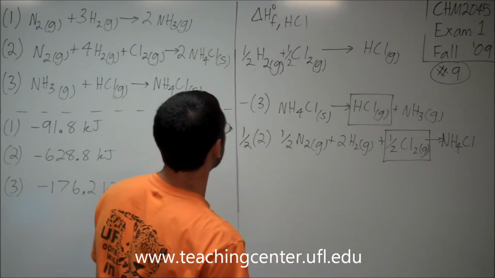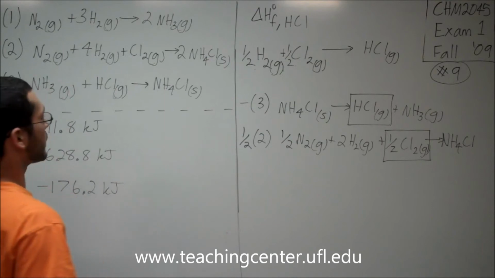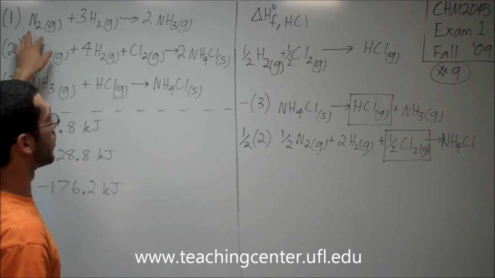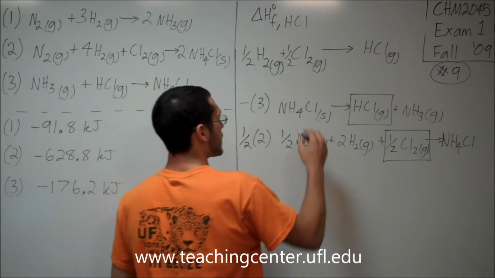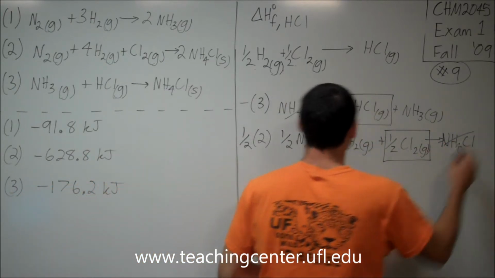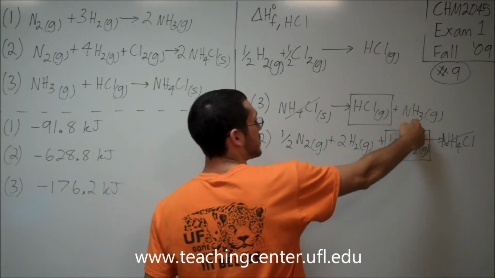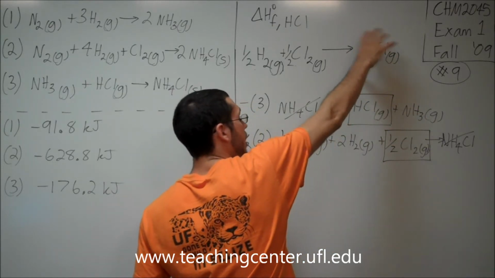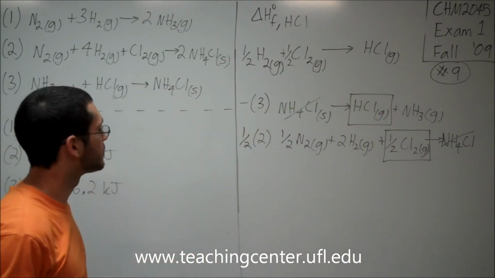So then, what's left? We need to balance out the H2s. The only equation we haven't used is equation 1. But how do we orient equation 1? We already see that ammonium chlorides cancel, so we don't have to worry about those. But I need to cancel off the ammonia because ammonia does not appear in our overall equation.